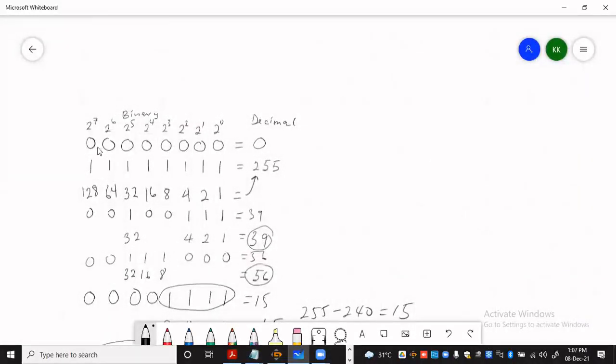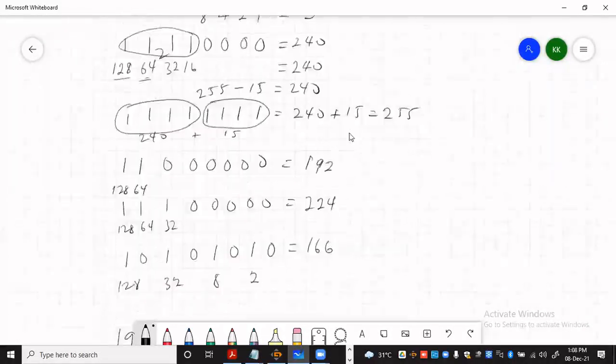It's 8 bits, 1, 2, 3, 4, 5, 6, 7, 8, but we start from 0 because in computers, 0 is also considered a value. So we go 0, 1, 2, 3, 4, 5, 6, 7. That's how we got the 255. I hope you guys got that.